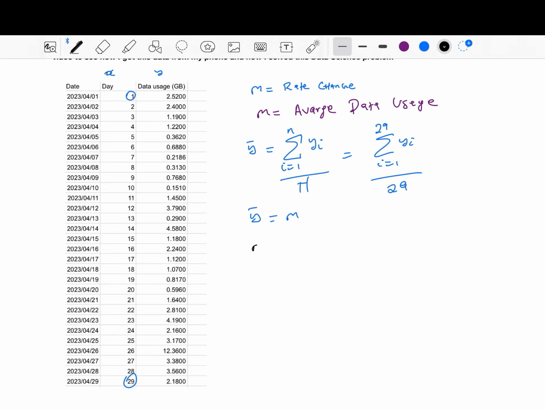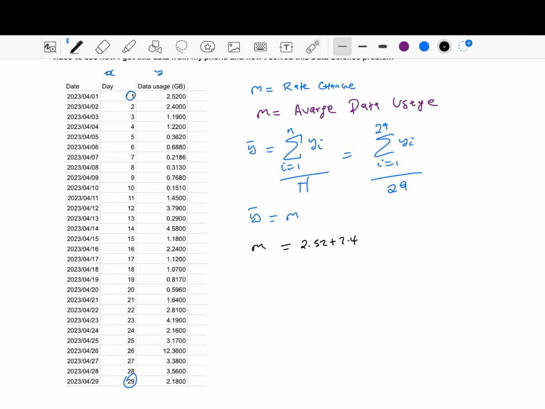A gradient is equal to the sum of y, meaning you add all of this. Take your calculator, say 2.5 plus 2.4. These are gigabytes.